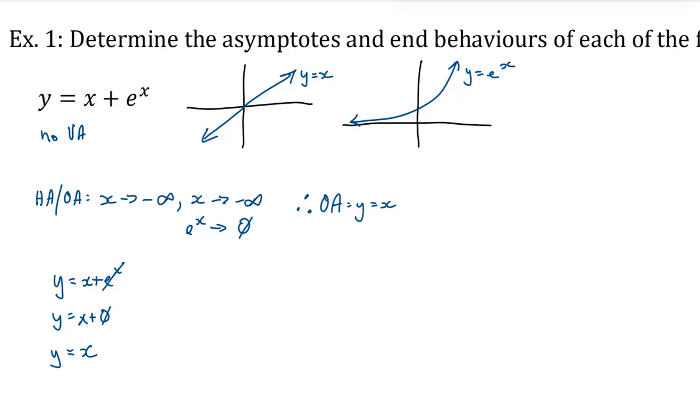This is your oblique asymptote, and this is your remainder part that's going to 0. This function is actually written in that form to begin with. So our remainder is e to the x.